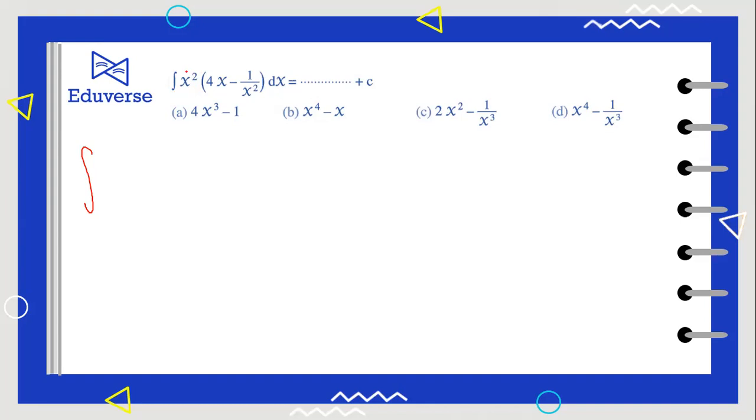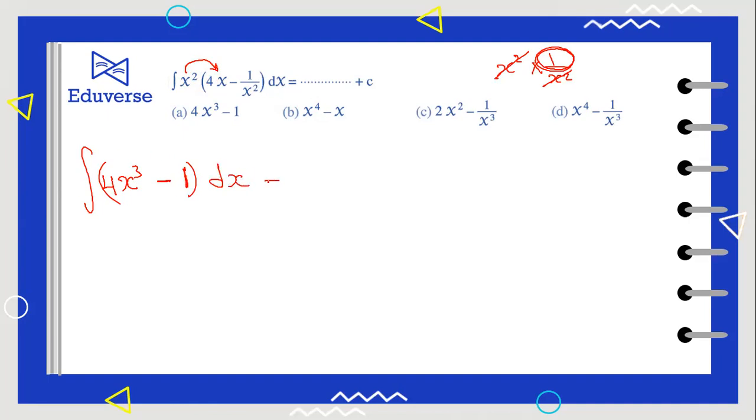Expand this bracket. X squared multiplied by 4x is 4x power 3. That's the first term. Minus x squared multiplied by 1 over x squared: I can simplify the x squared, so the result is 1.